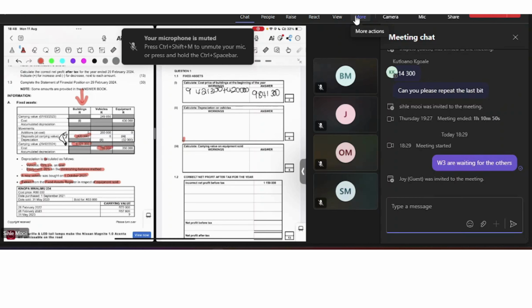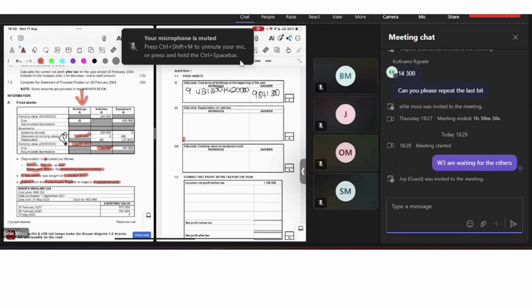They also gave us cost at the end of the year. Now, we have two types of vehicles. We don't have any disposals, but we have new vehicles and old vehicles. That's why we need to calculate depreciation of vehicles separately. Calculate the new vehicle separately, and calculate the old vehicles separately.